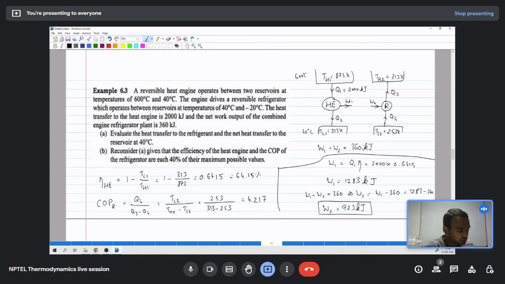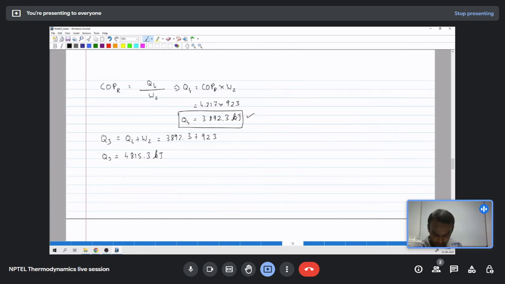And we have a refrigeration system, which also transfers heat to the thermal reservoir at 40 degrees Celsius, and that value is given by Q3. So the net heat transfer to the 40 degrees Celsius reservoir is equal to Q2 plus Q3.